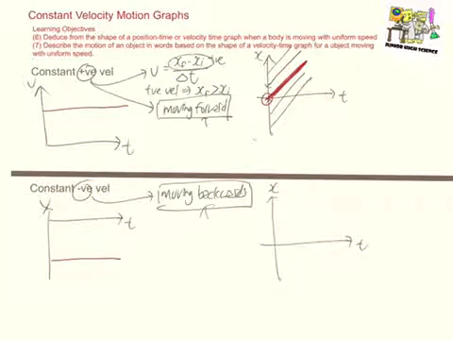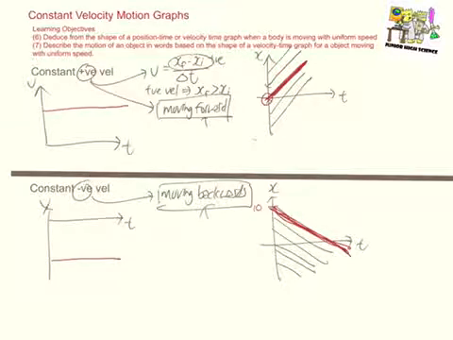This implies that the family of graphs to be drawn for the position time graph will be downwards straight lines as shown here. Again, if the starting position of the object is being told to you as, say, at 10 meters, then this red line will be the only graph that will describe the scenario.